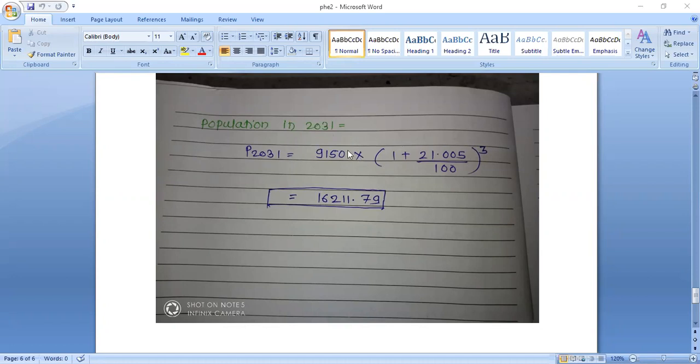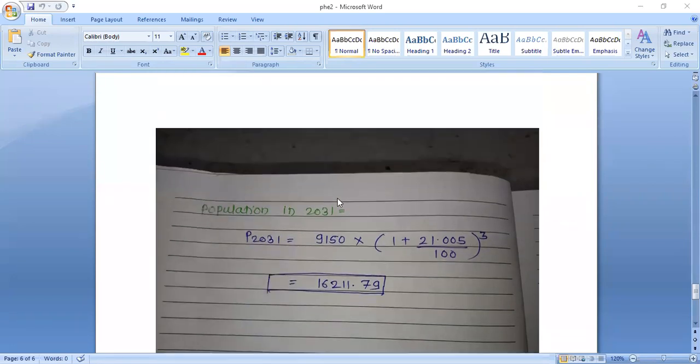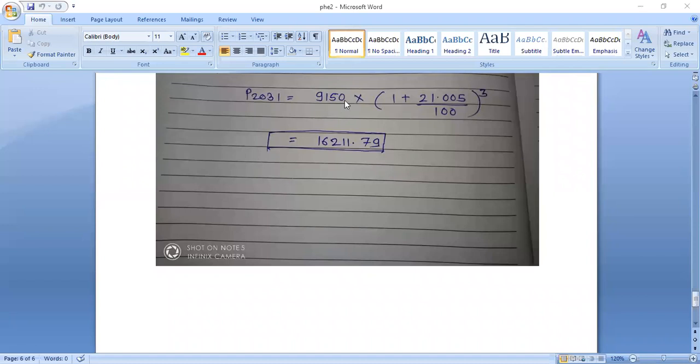Now next is the population for 2031. After finding the value of R, we have to find the population for the next decades, that is the population for 2031 is equal to, now the population for the previous year, that is for 2001.